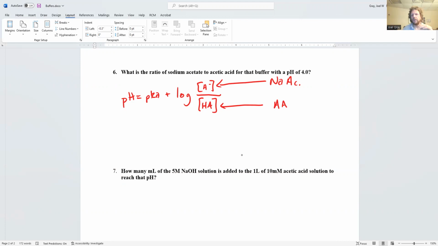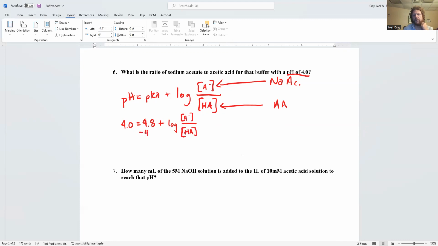So I'm going to use that information as well as this pH information to fill in the Henderson-Hasselbalch equation. I'm going to write pH of 4.0 equals 4.8 plus log of the concentration of the deprotonated form divided by the concentration of the protonated form.